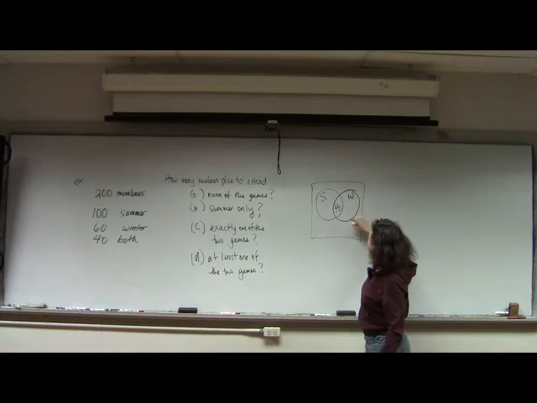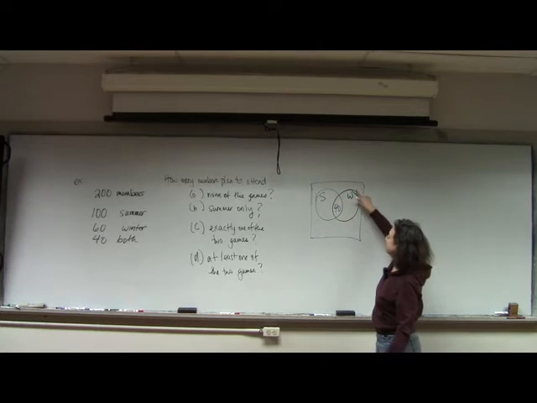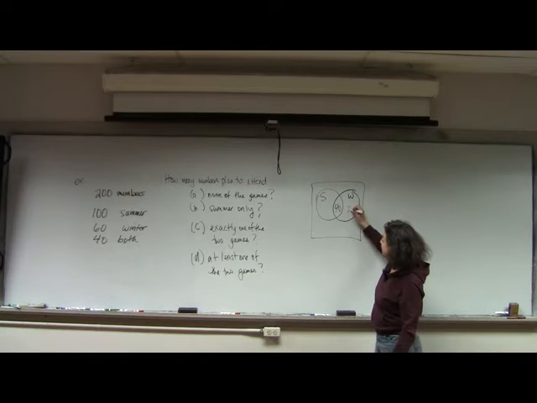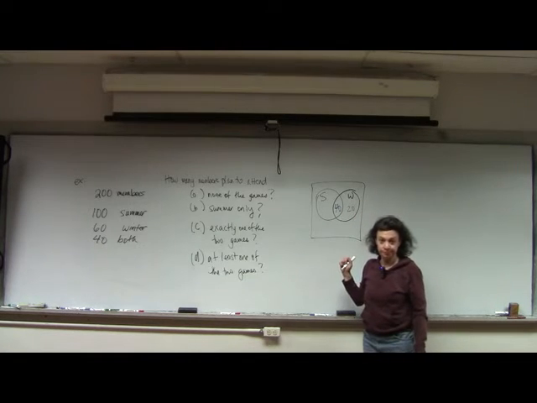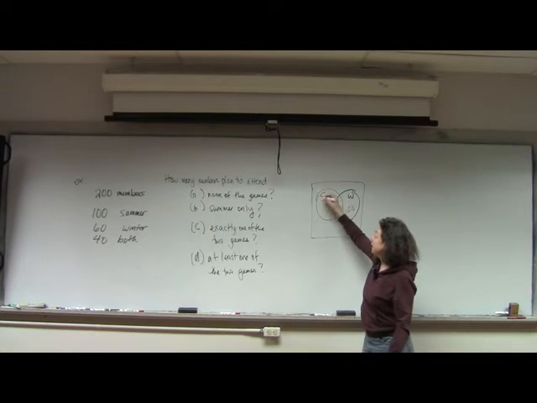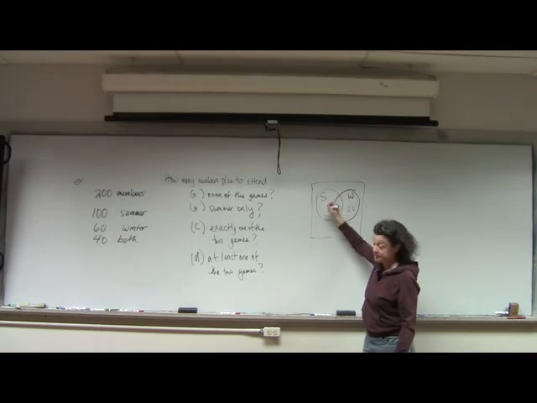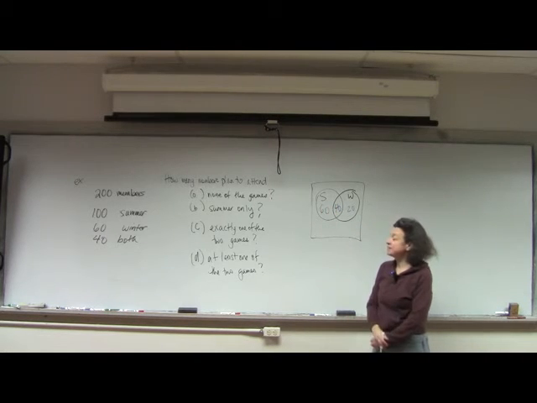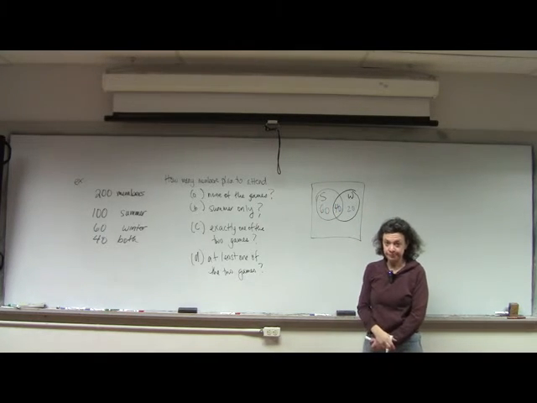Next, we have 60 people who plan on going to Winter Games. We've already accounted for 40, therefore 20 go here. Next, a total of 100 people plan on going to the Summer Games. We've accounted for 40, therefore 60 will go here.